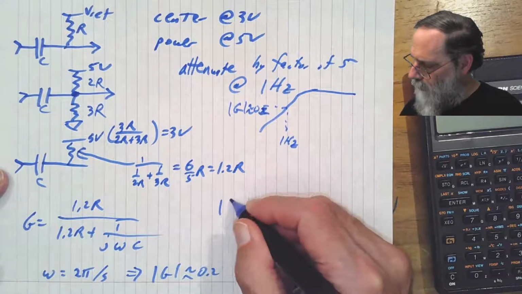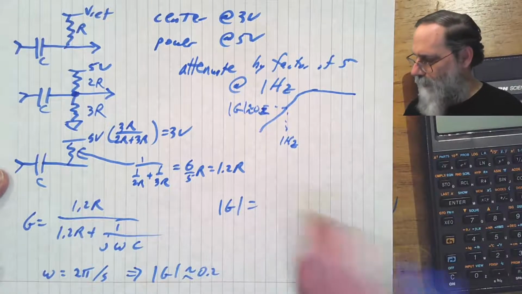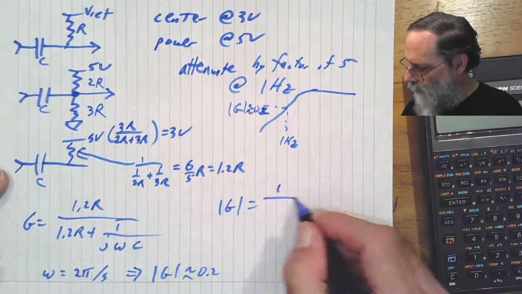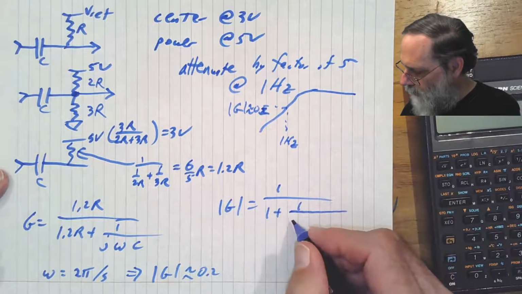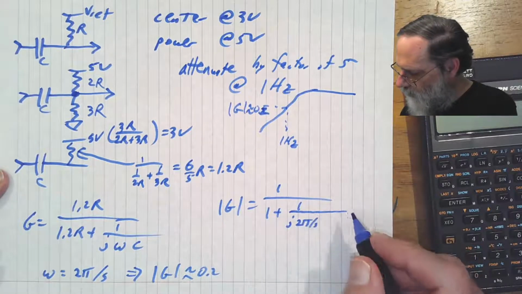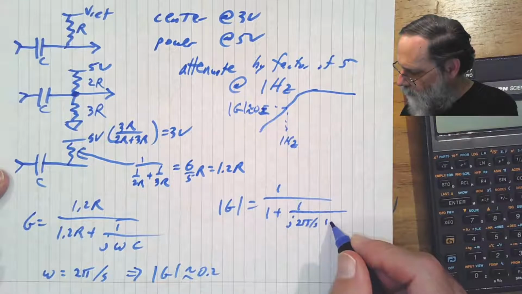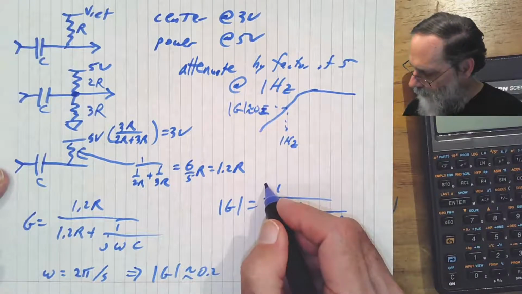So let's not have R in there twice. Let's just divide top and bottom by 1.2 R. So I'll have 1 over 1 plus 1 over j times 2 pi per second, 1.2 RC. And sorry, that's the gain.